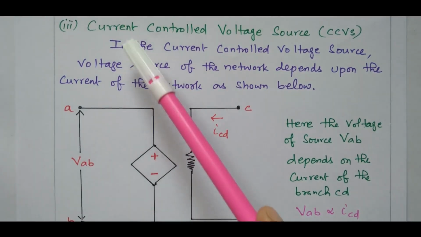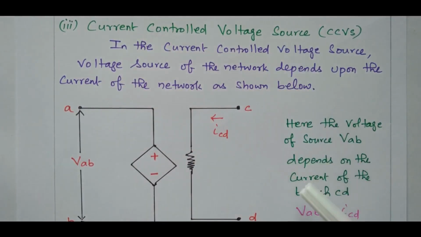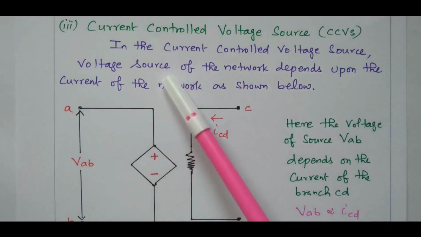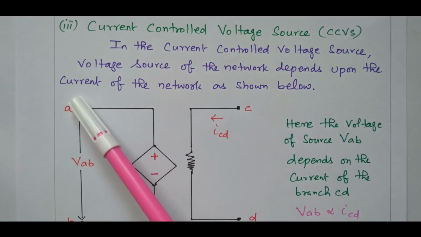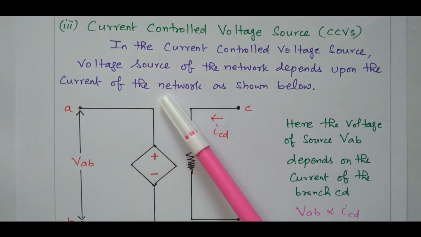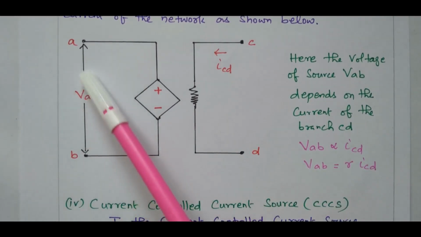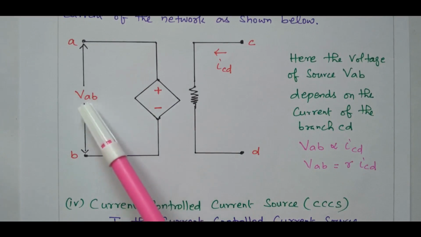So this one, current controlled voltage source. This is a voltage source, and it is controlled by current. In the current controlled voltage source, the voltage source of the network depends upon the current of another network. So this is the diagram. We have a voltage source, VAB.